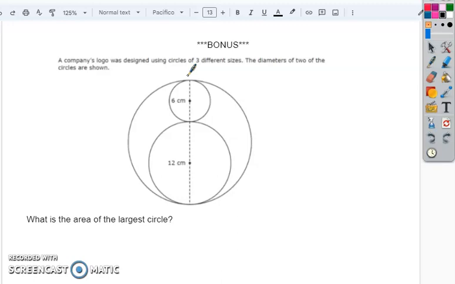What is the area of the largest circle? So this means we're going to use our formula chart. We are going to find one area, guys. This is bonus, but this was on a STAR test at some point. It's a great problem. Okay, and I don't think it's super hard. Use some common sense to find what you need from the formula.